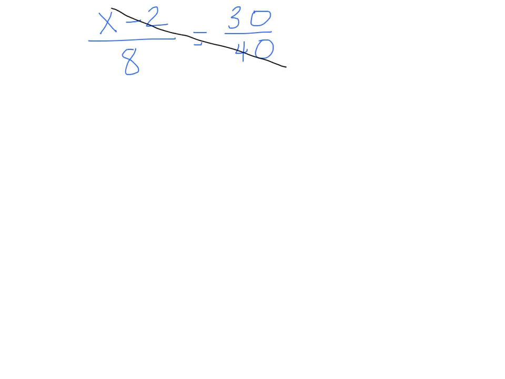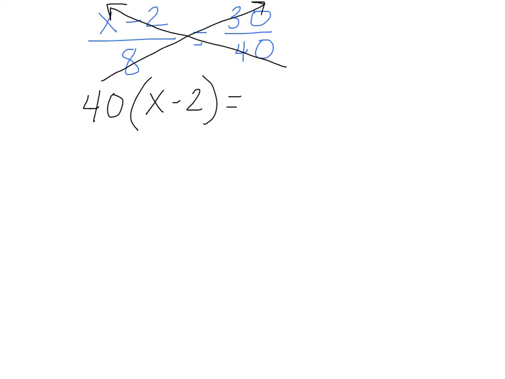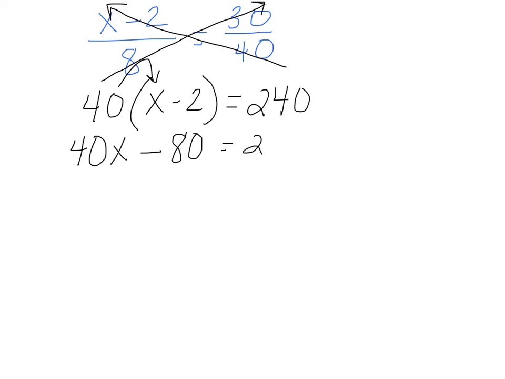We're going to cross multiply, which means 40 times that x minus 2, remember those parentheses, they're very important, is equal to 8 times 30. And 8 times 3 is 24 with that 0 on the end. So now I have to distribute. 40 times x is 40x minus 40 times 2, which is 80, is equal to 240.